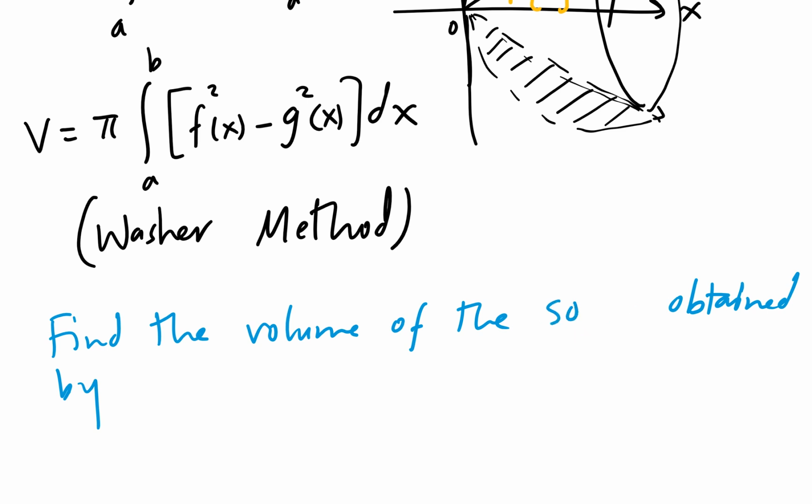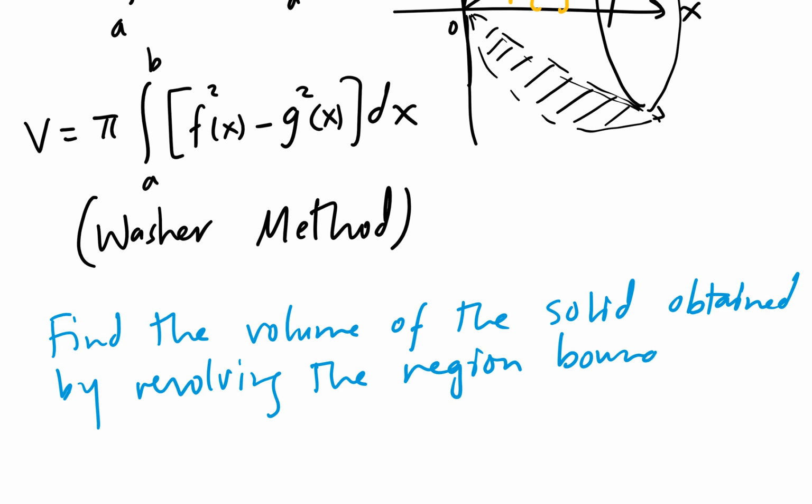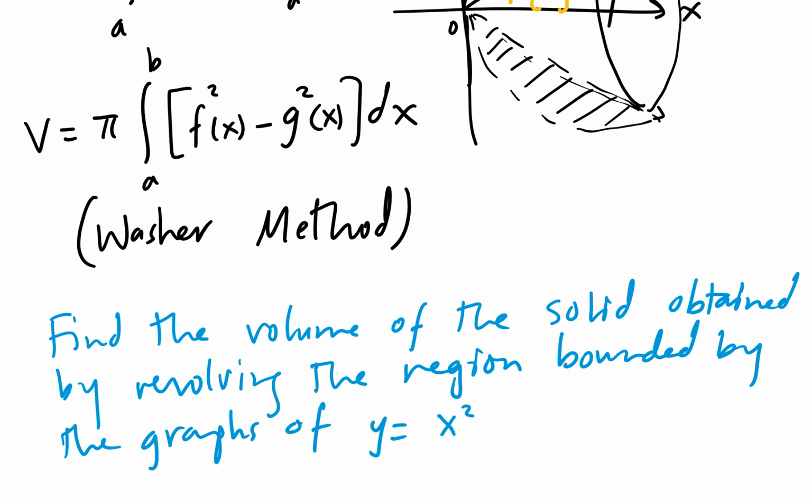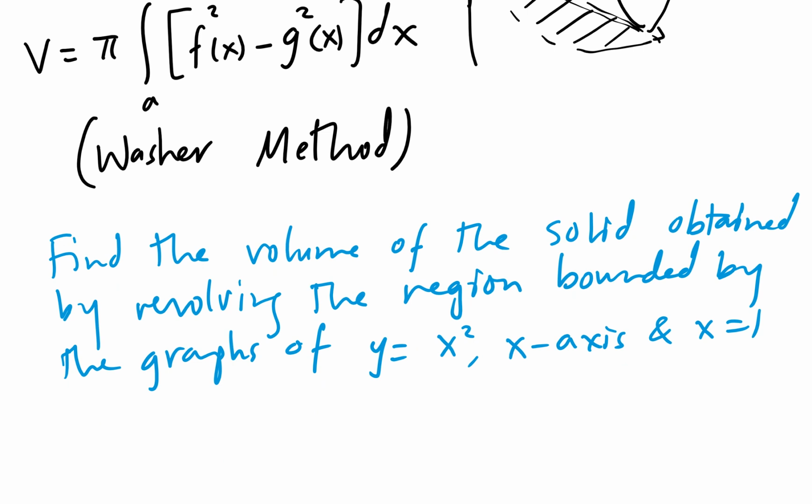Find the volume of the solid obtained by revolving the region bounded by the graphs of y equals x squared, the x-axis, and x equals 1 about the x-axis.